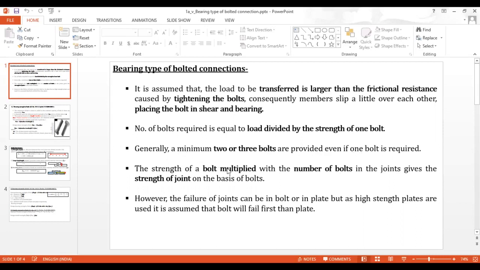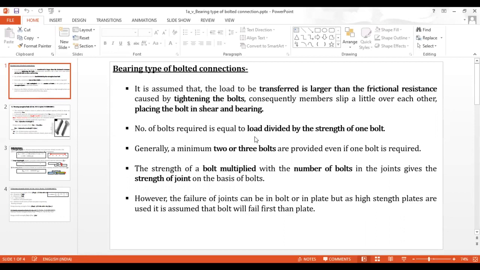The strength of a bolt multiplied by the number of bolts in a joint gives the strength of a joint on the basis of the bolts. However, the failure of a joint can be in a bolt or in a plate, but as high strength plates are used, it is assumed that the bolt will fail first before the plate.